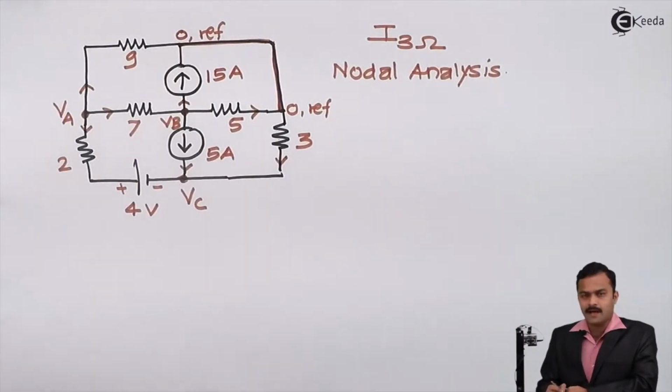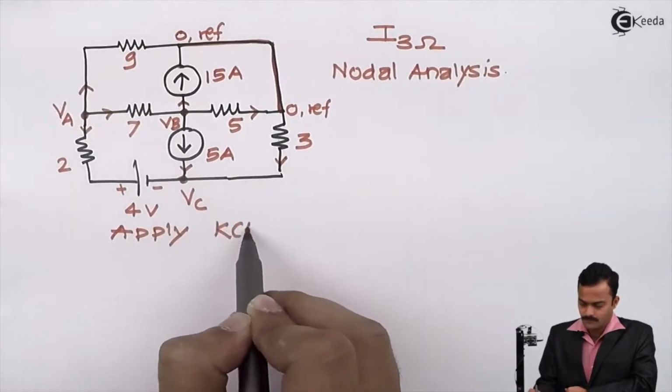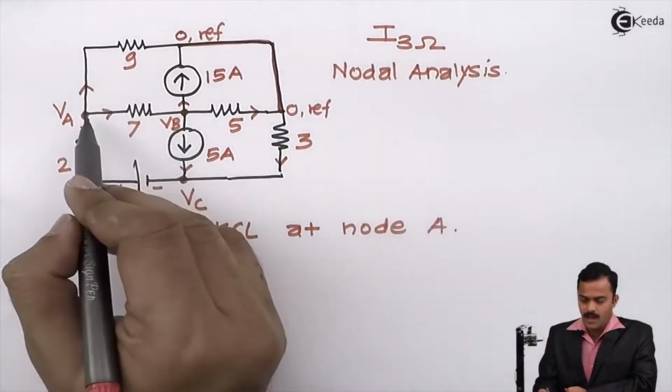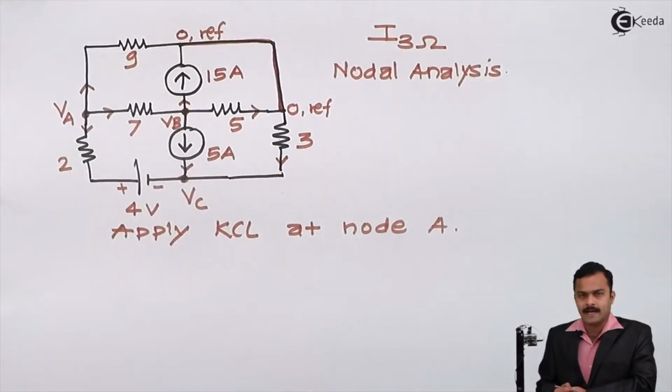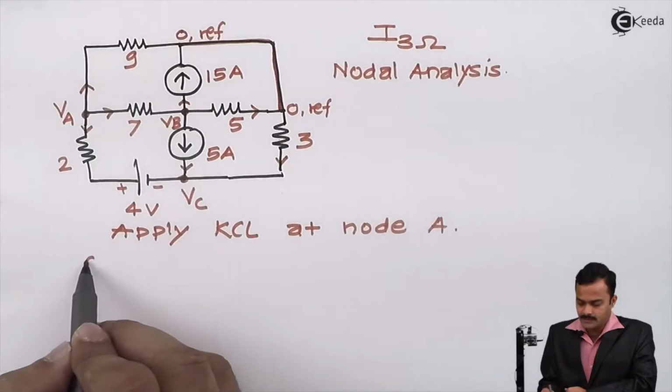So let's apply KCL at node A. At A, I have considered all the currents as outgoing. So incoming current is 0.